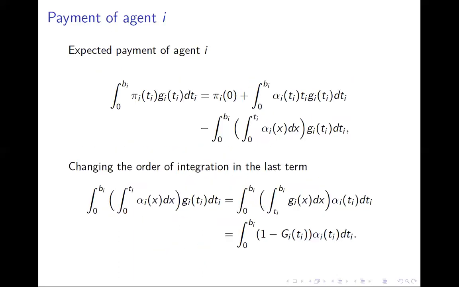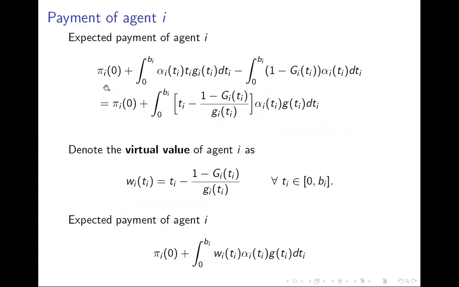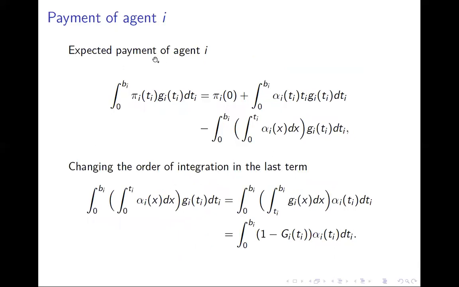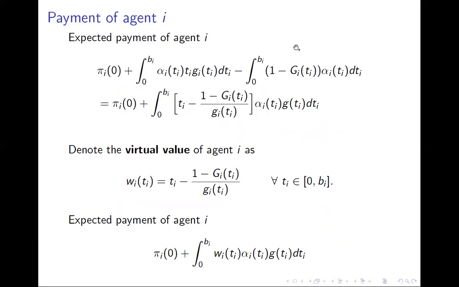So essentially, what we can do is, now I can write the expected payment of agent i as pi i 0 plus the first term, the second term here, minus this particular term here. Okay, so that allows me some simplification.